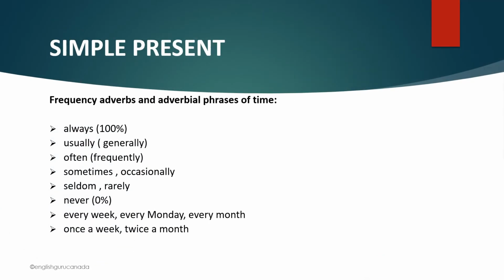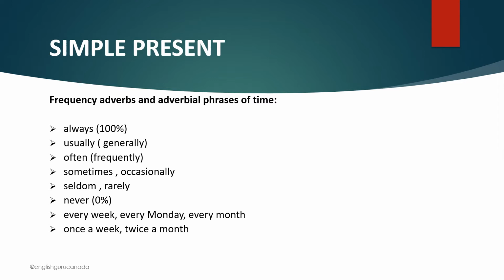Here is a list of a few frequency adverbs and adverbial phrases of time that we use in the simple present. So, like I said earlier, always is for 100%. Usually is also known as generally. Often is frequently, which is followed by sometimes or occasionally.